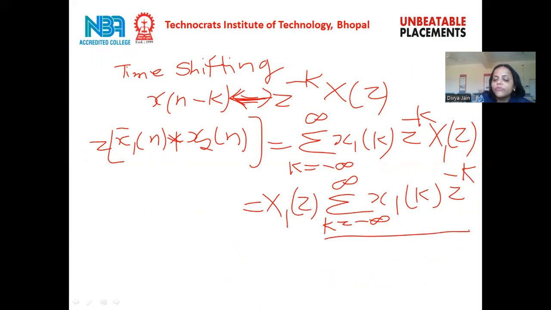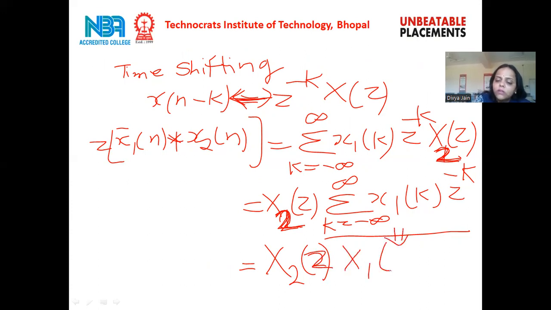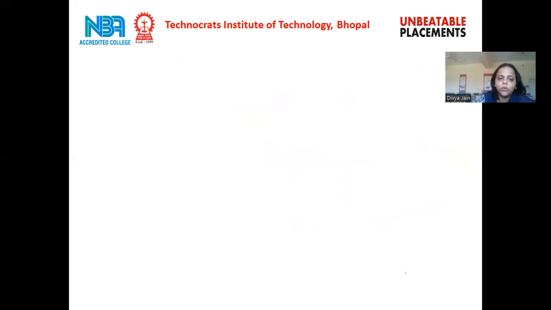And this is the Z transform of x1, that is X1(z). So we have X2(z) outside the summation, and this will become X1(z). So this is the proof of our convolution property.